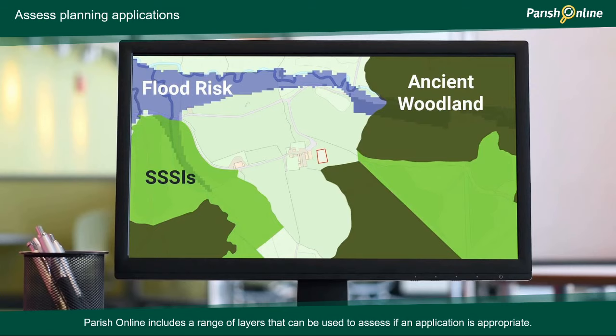In this example, you've got the red box in the middle, which is a planning application site, and the user has switched on the ancient woodlands, the SSSIs, and the flood risk to see what constraints are in that area and things that might affect that planning application. So this is your chance to look at that information and make an informed decision on it.